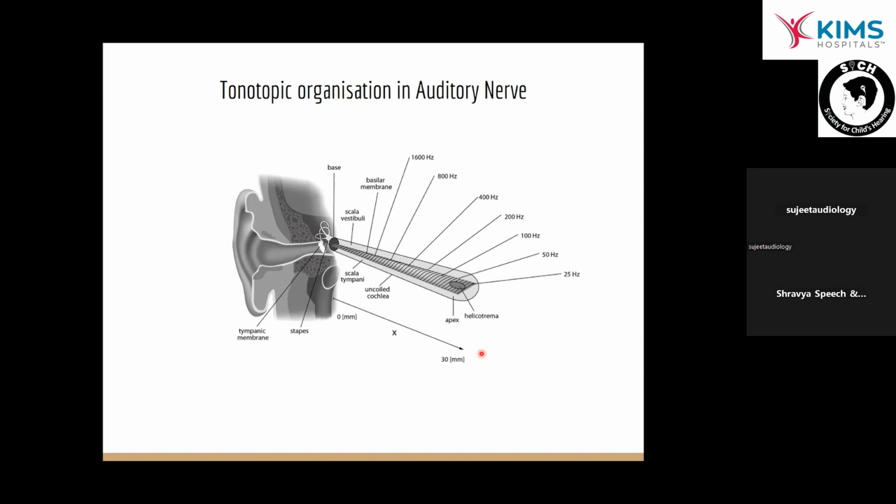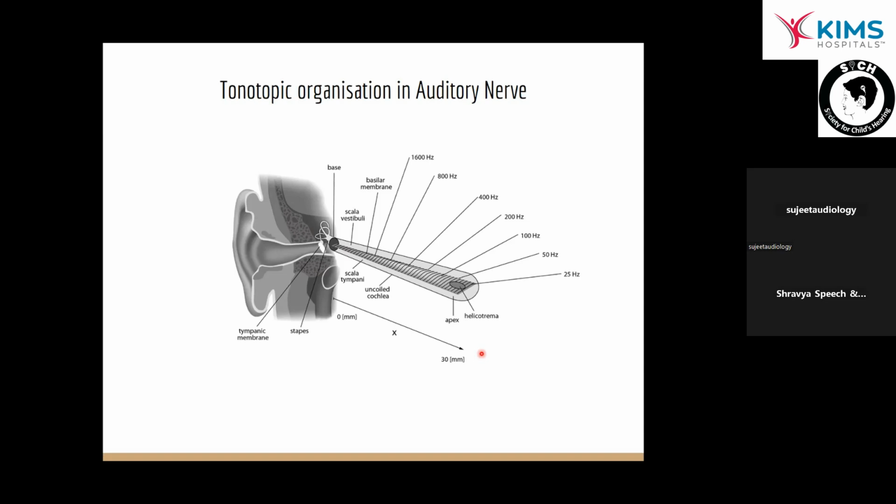Auditory neurons are meant to carry any electrical signal. That's it. So the electrodes towards the basal side are assigned a high frequency signal, and the electrodes towards the apical side are assigned a low frequency signal.